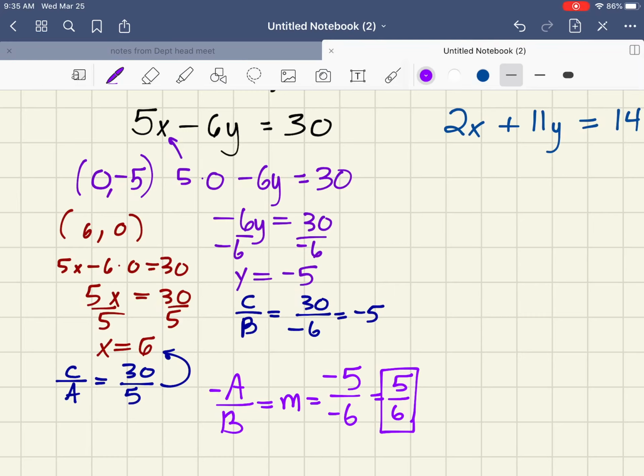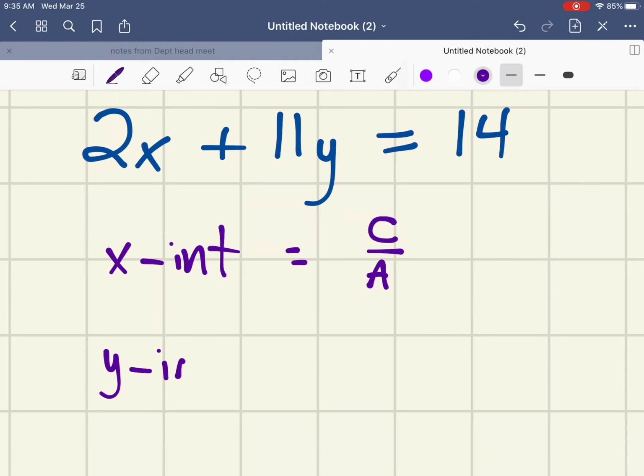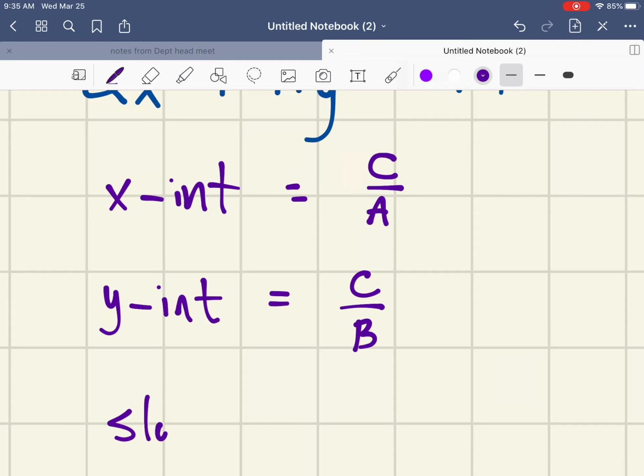So let's try those same shortcuts on this other equation over here. X-intercept, again, is c over a. Y-intercept is c over b. And the slope is negative a over b.